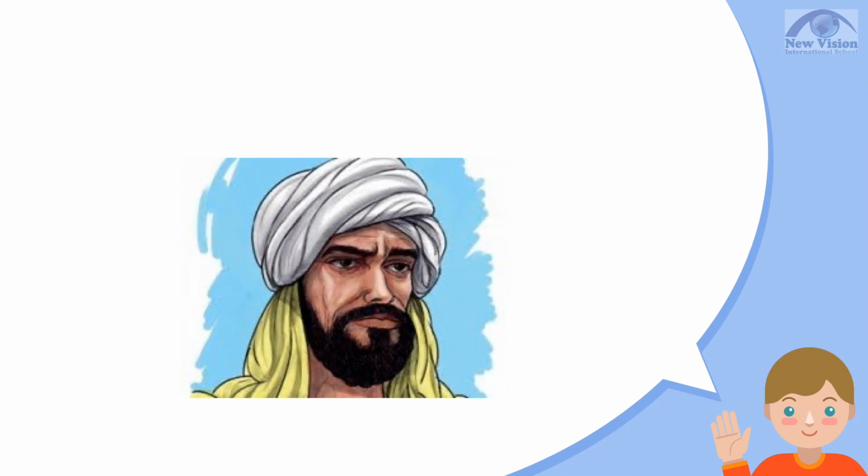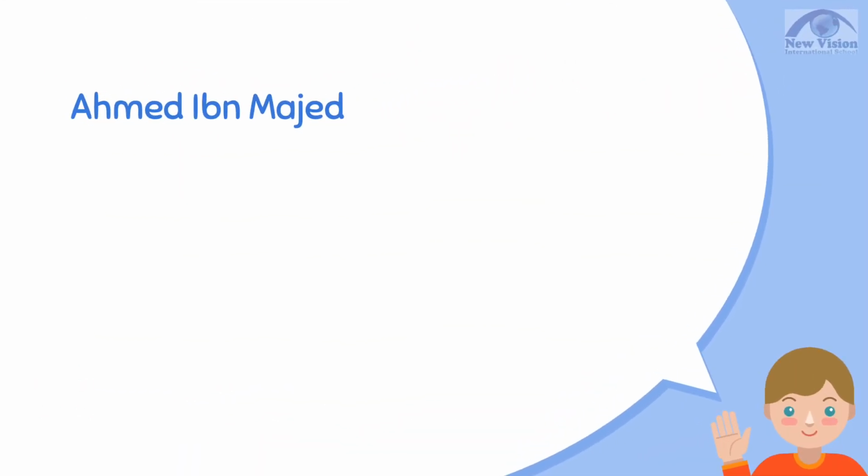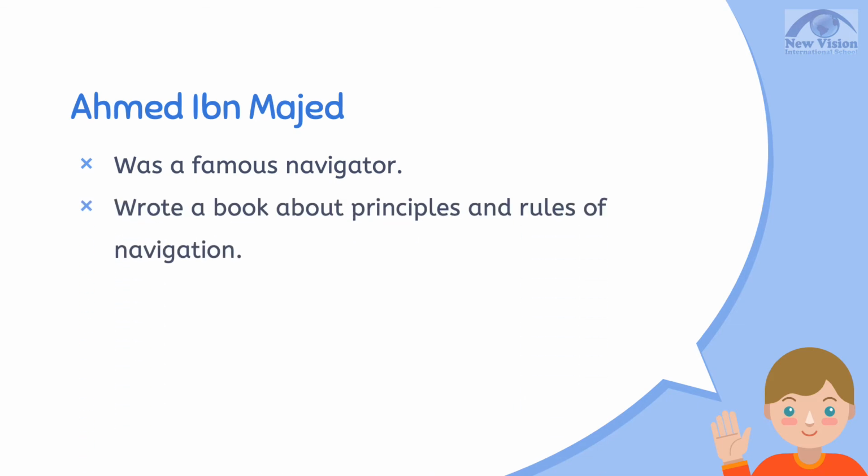Next, this picture is Ahmad ibn Majid. Let's get to know Ahmad ibn Majid. Ahmad ibn Majid was a famous navigator. He wrote a book about principles and rules of navigation.